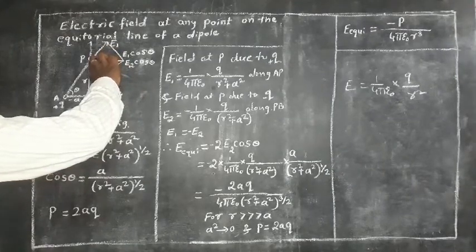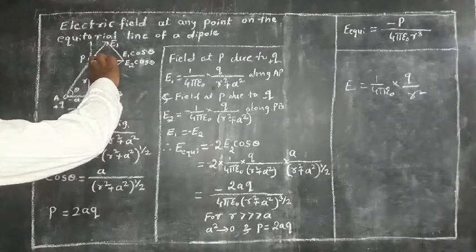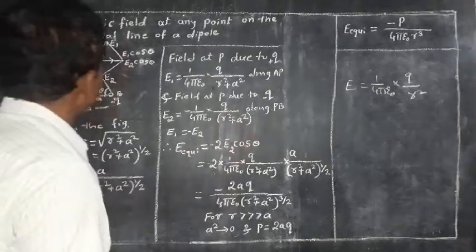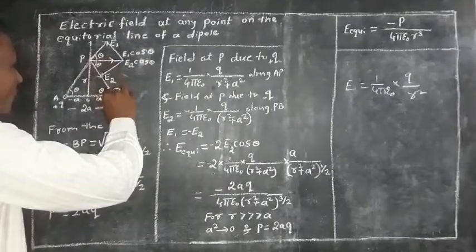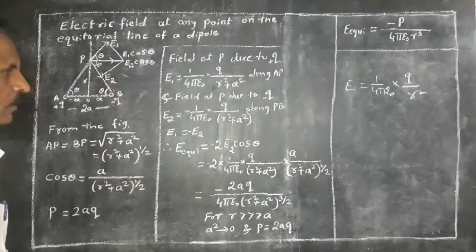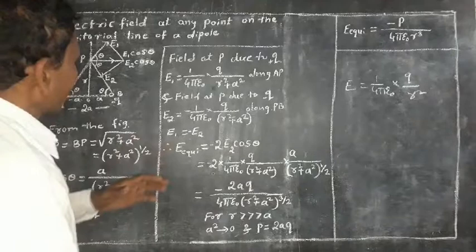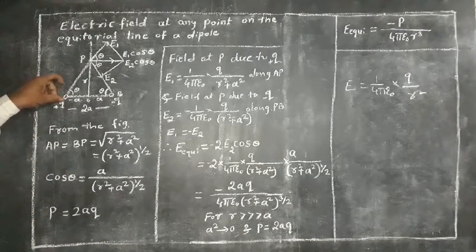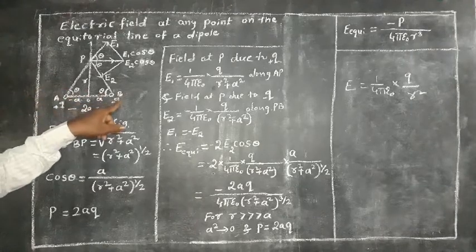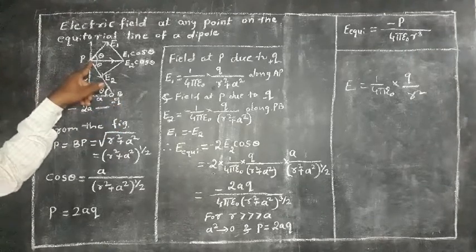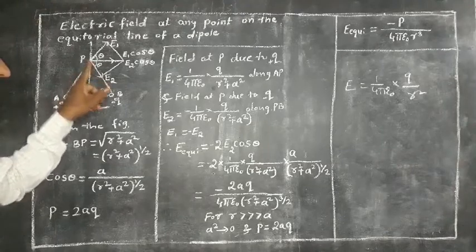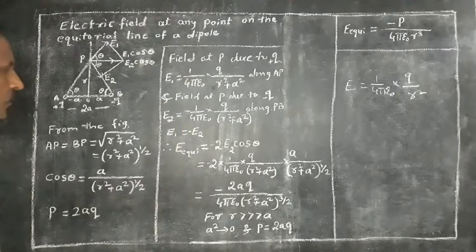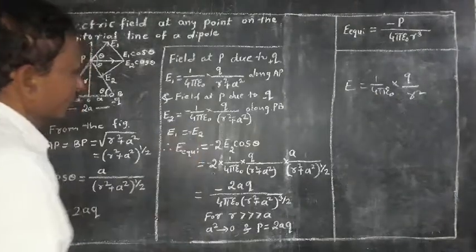BP equals square root of r square plus a square, hence its square is r square plus a square, along the direction P to B. And it is found that the electric intensity E1 due to positive charge and E2 due to negative charge at P are equal. Therefore, E1 is equal to E2.